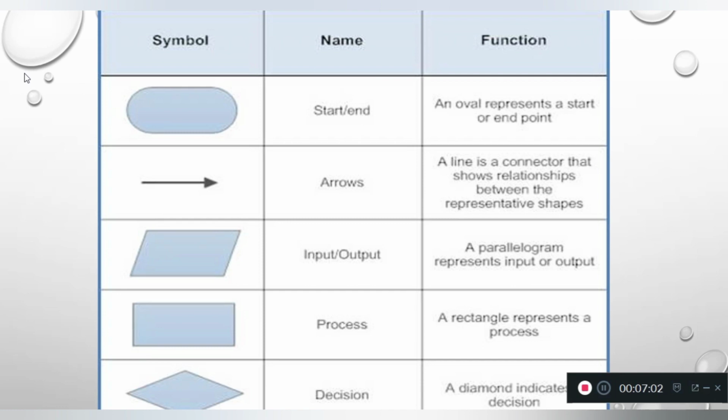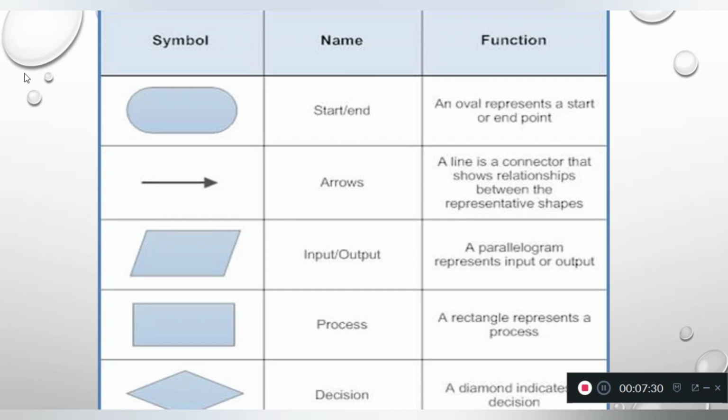Now second is arrow. The function of arrow: a line is a connector that shows relationships between representative shapes. Third one, input and output. A parallelogram represents input or output.